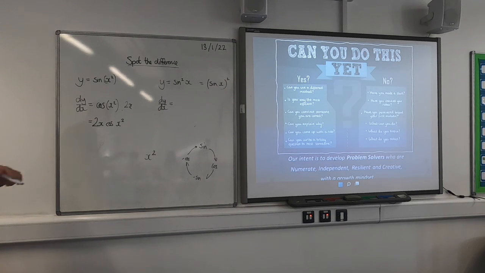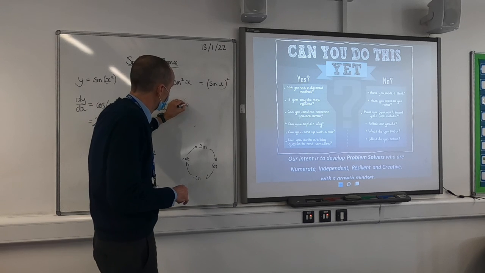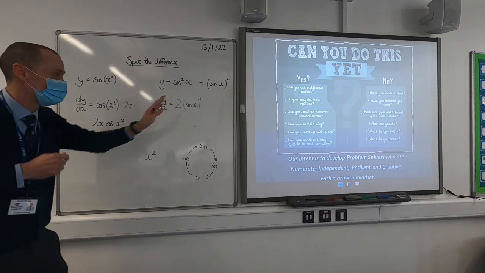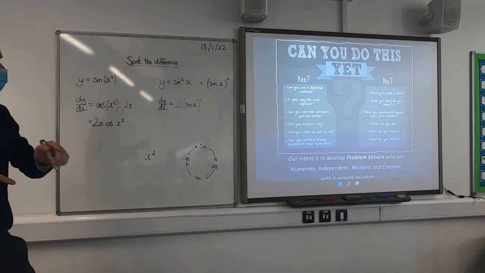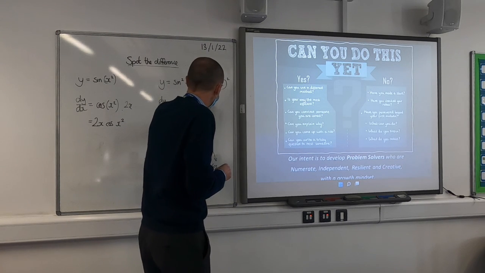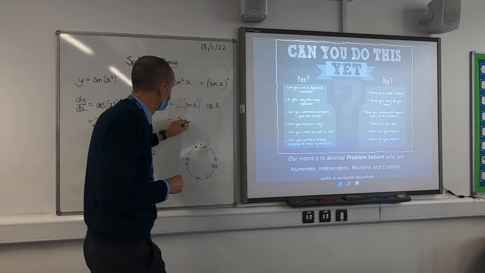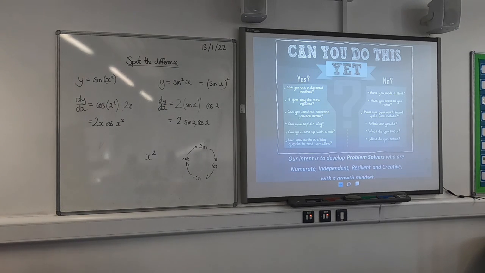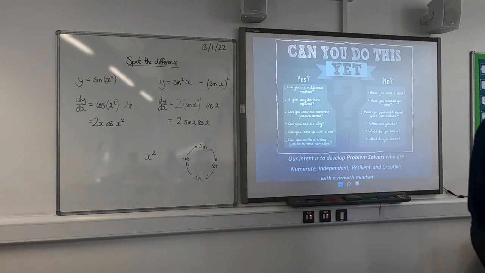Multiply by the power, reduce the power by 1, so it becomes 1. But then, of course, with any bracket, I then have to multiply by what I get when I differentiate the bracket. And for those of you who are ready and raring to go for tomorrow, that will ring a bell. You could rewrite that as sine of 2x.